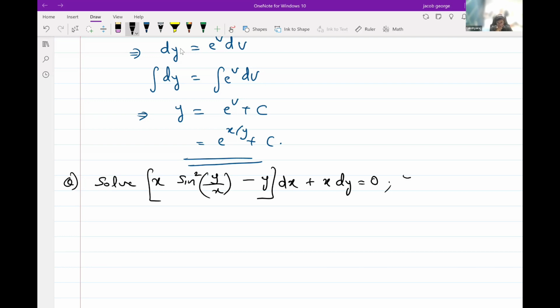Y is equal to pi by 4 when x is equal to 1.